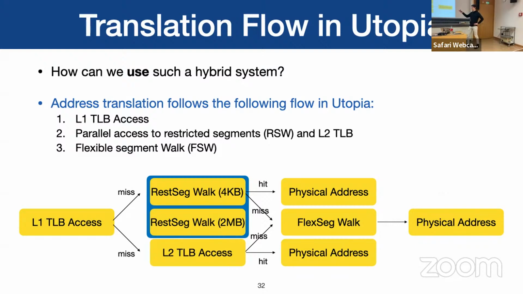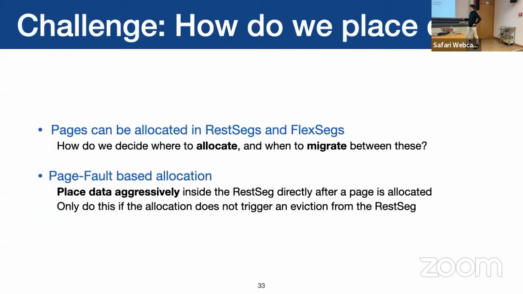And we also access the L2 TLB, and we can choose whether we want to do these two at the same time or in a sequential order, where we first access the restrictive segment and then the L2 TLB. And if we get a miss in both, then we perform a flexible segment walk, which is basically just looking at the page table as in the conventional radix-based method. Okay. So in the end, we always obtain our physical address.